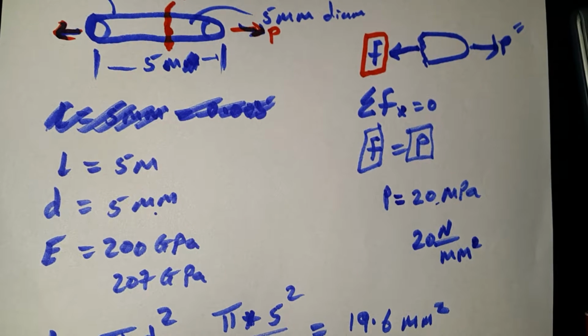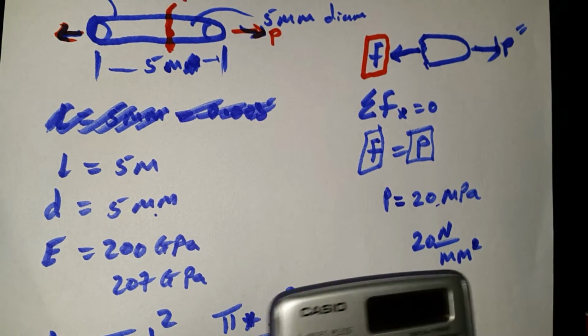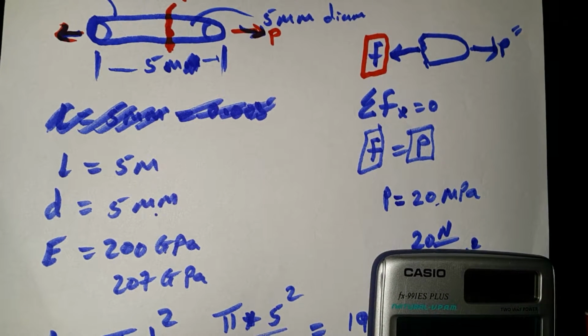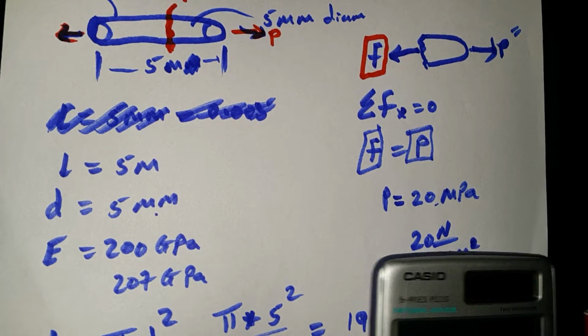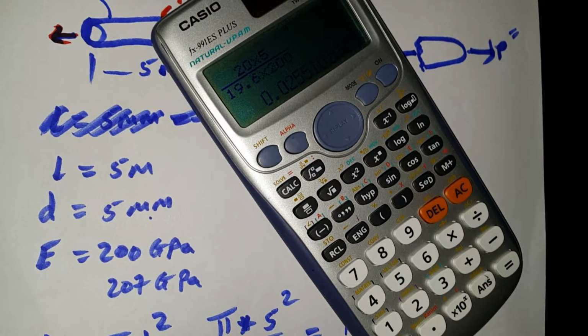If you put 20 here, we will try to find our deformation, which is 20 times 5 over 19.6 times 200. Yes, here we have 0.026.